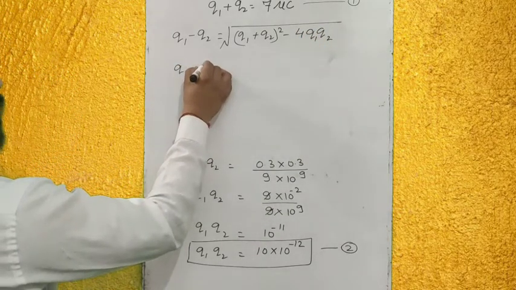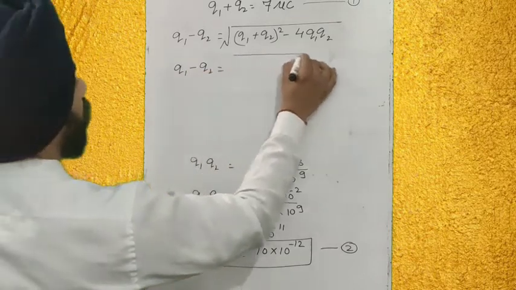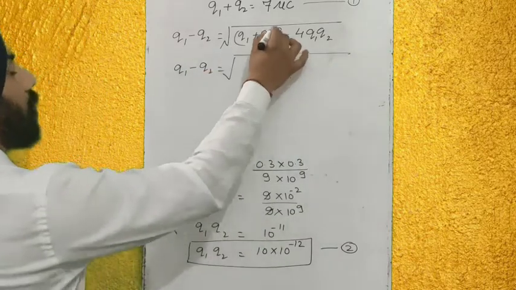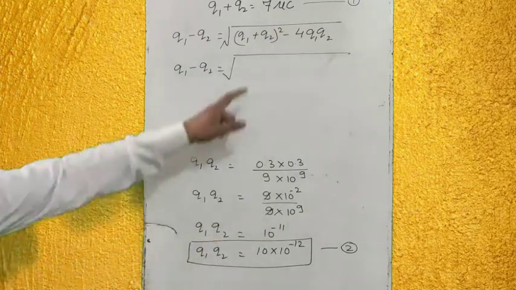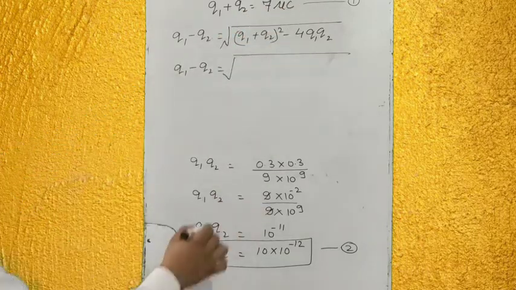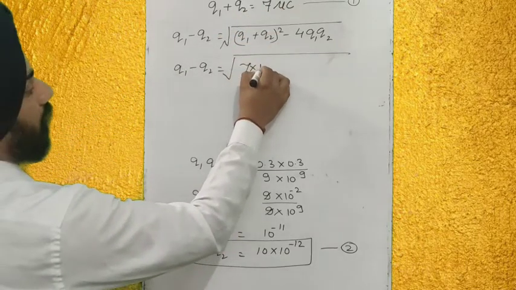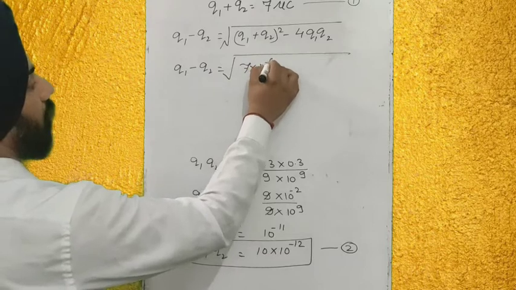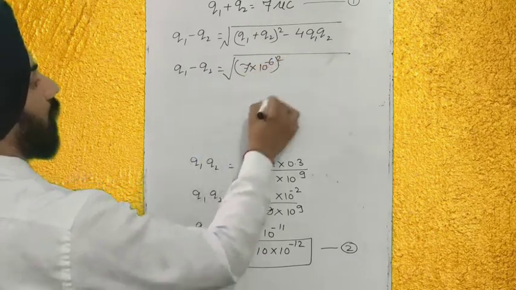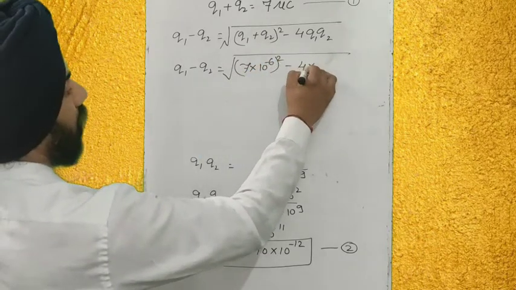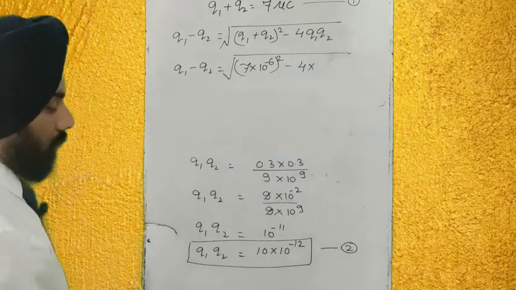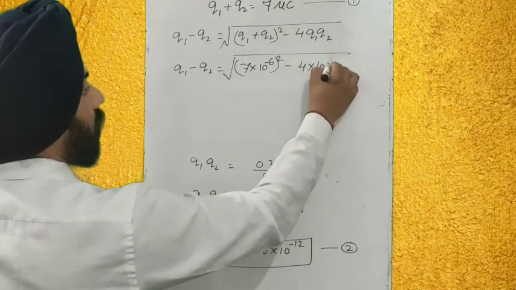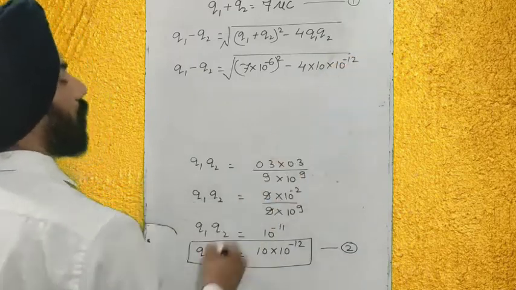So Q1 minus Q2 will be equal to the square root of (Q1 plus Q2) whole square, that is 7 microcoulomb, so it can be written as (7 into 10 to the power minus 6) whole square minus 4, and what was the value of Q1 Q2? It was 10 into 10 to the power minus 12.